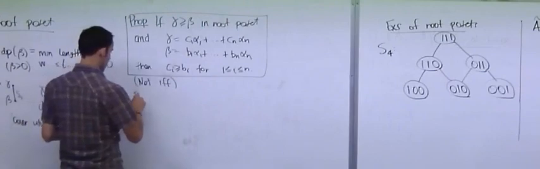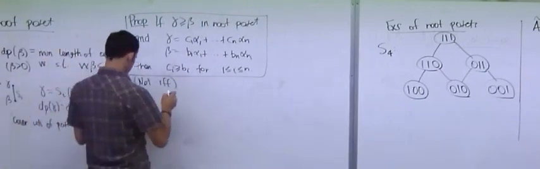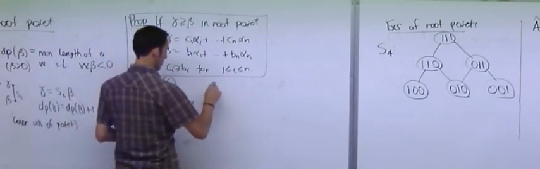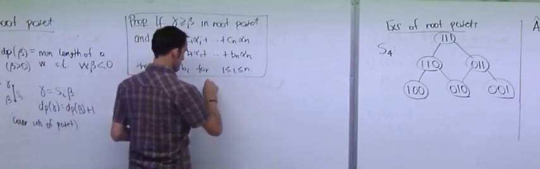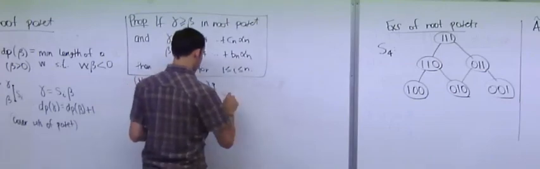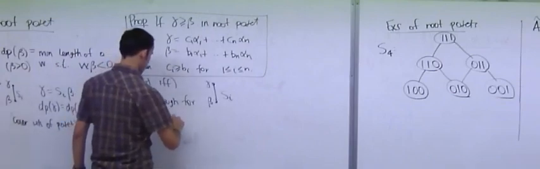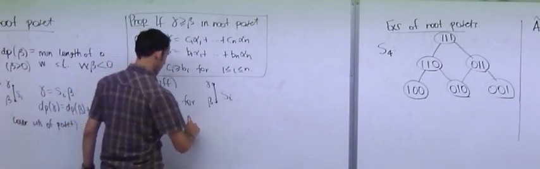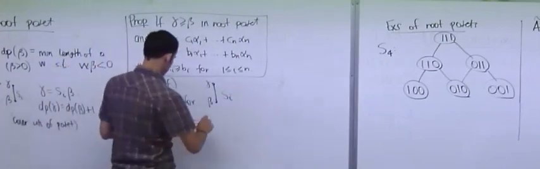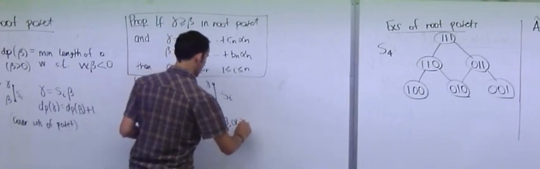So let's prove it. Of course, it's going to be enough to prove it for each edge like this. So what's gamma? Well, gamma is s_i beta, and s_i beta is beta minus 2 times this expression.